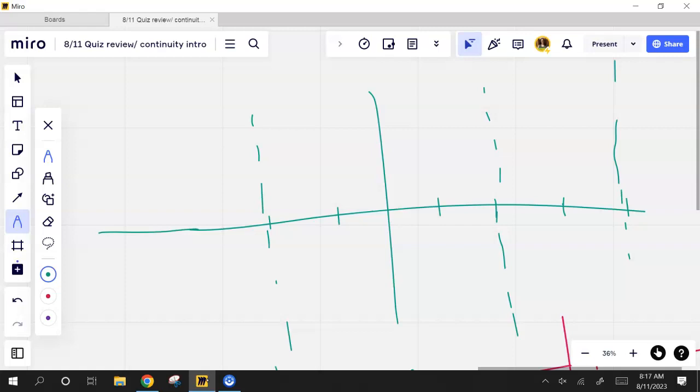Like you want it to go every pi? This is what mine looks like.